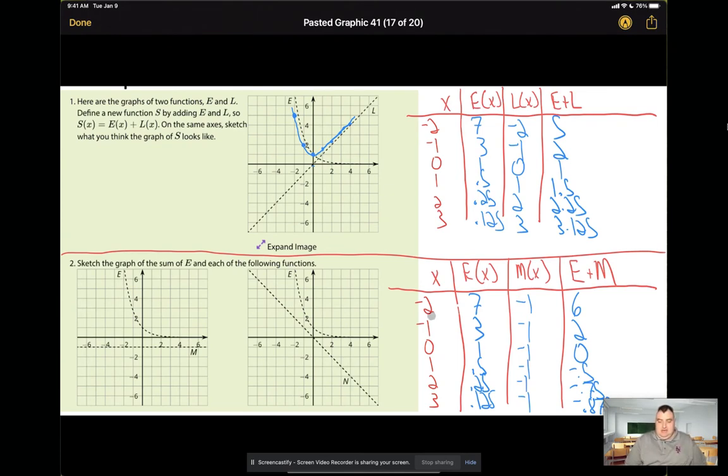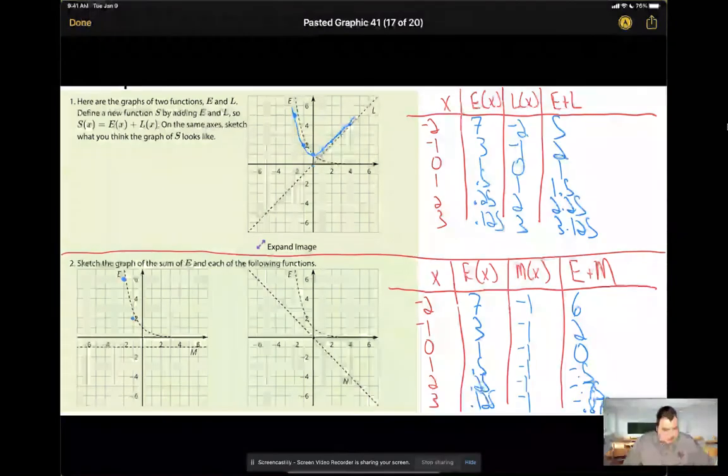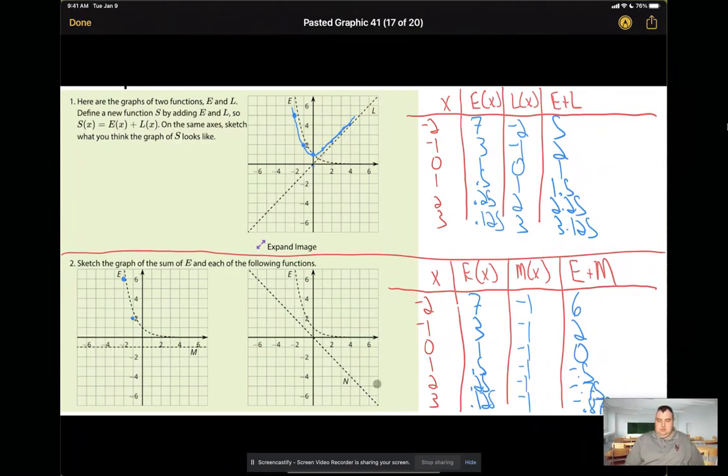So now I'm going to do the same thing. So at -2, I'm going to be at 6, which is right here. At -1, I'm going to be at 2. So -1, 2 is right here. At 0, I'm at 0. So that's the origin. Okay. At 1, I'm at -0.5.